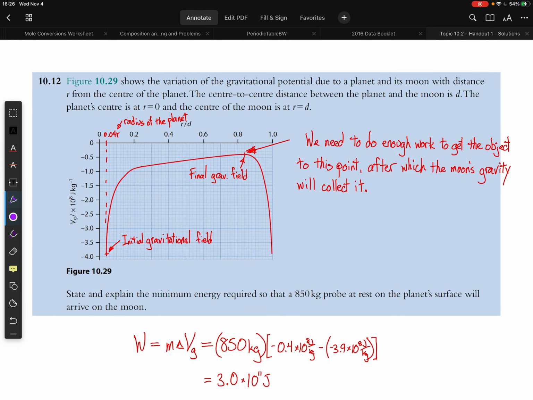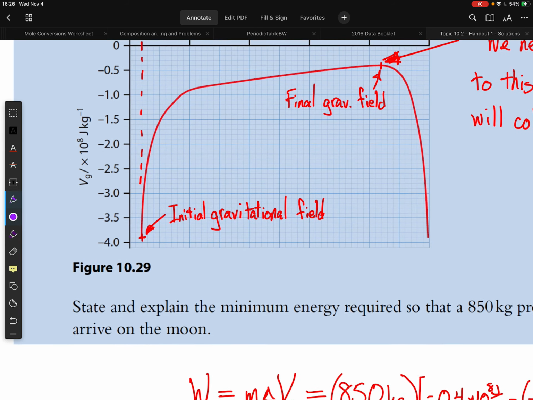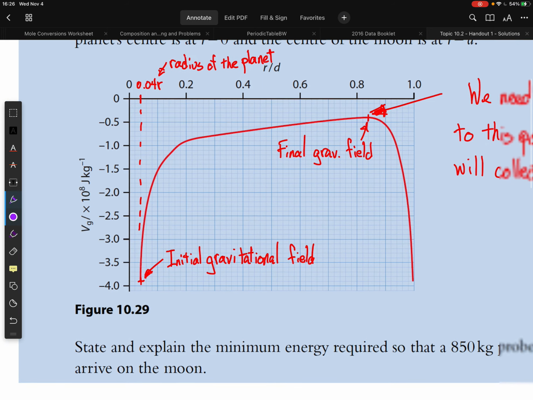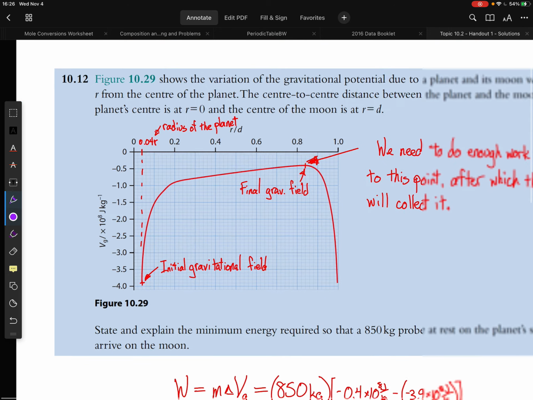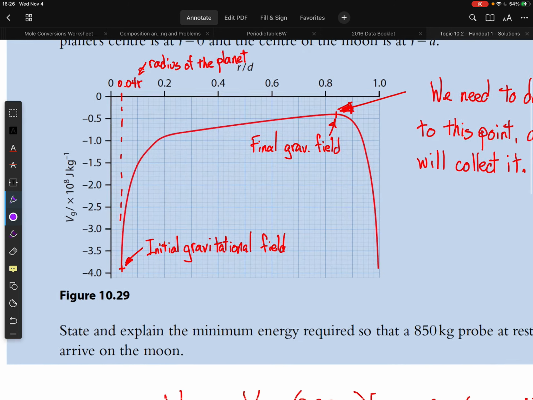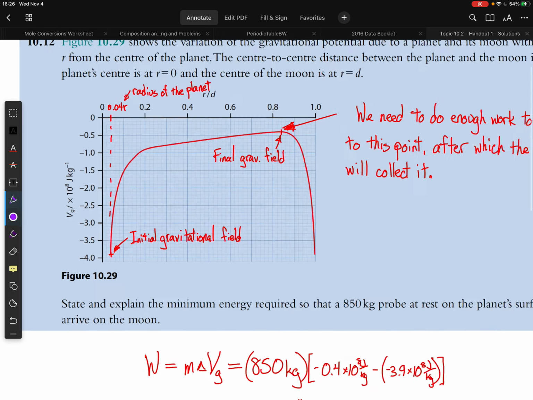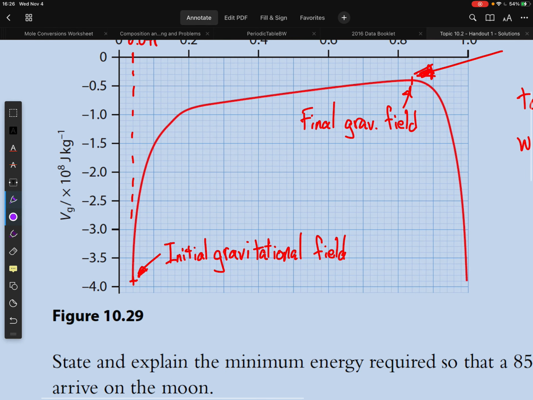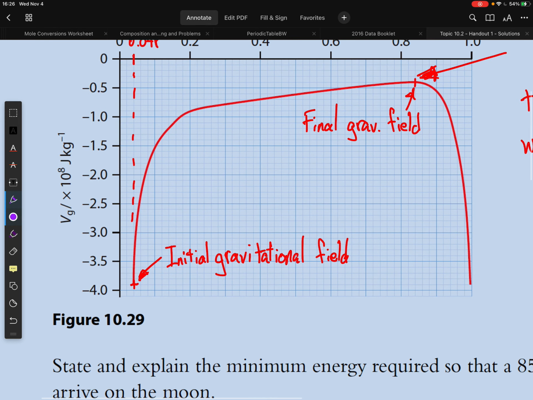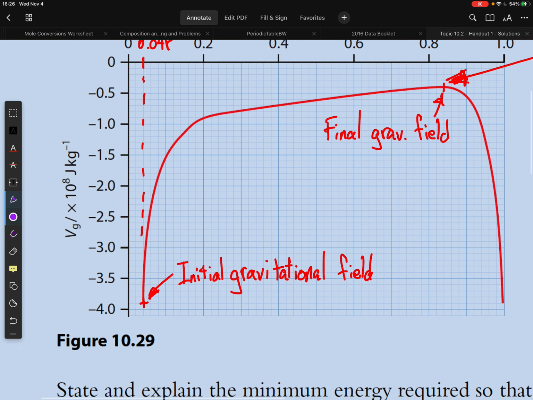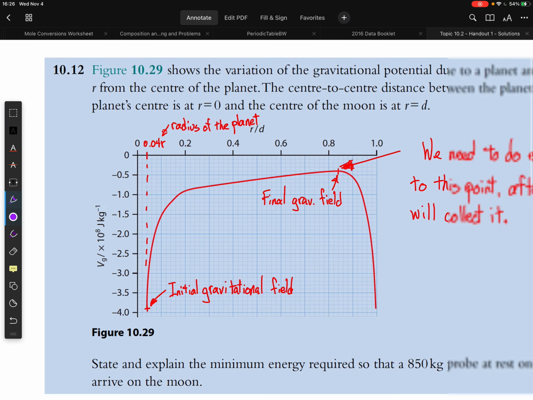How to approach this? The first thing we do is look at the initial gravitational field, and what we will find is that the initial gravitational field is given by negative 3.9 joules per kilogram. And how do we know that?